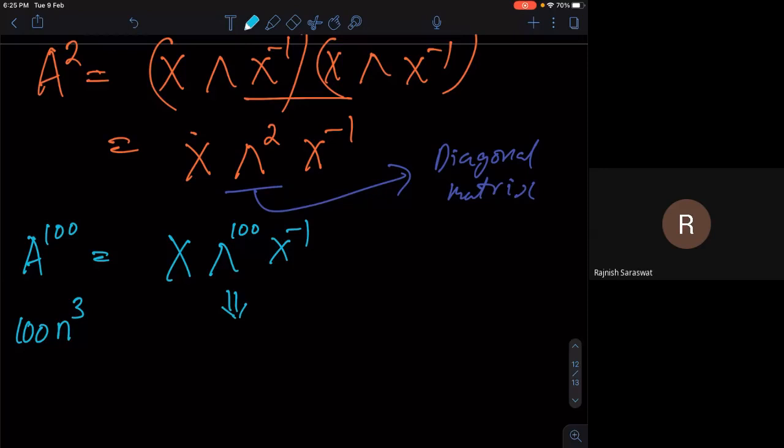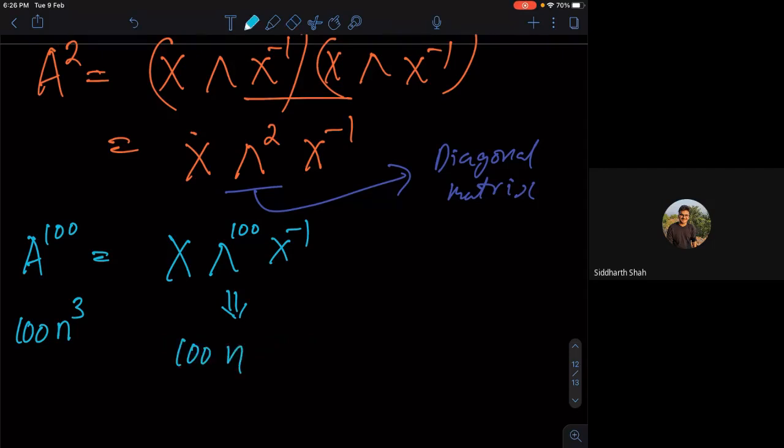On the diagonal it's 100n, and then you have to do the multiplication with the other two matrices.